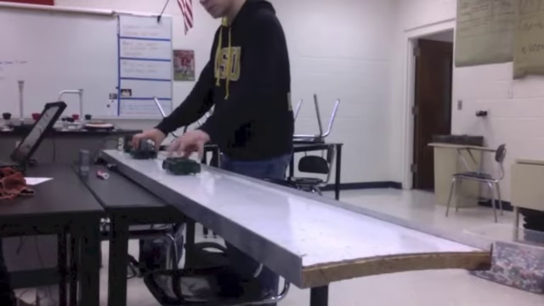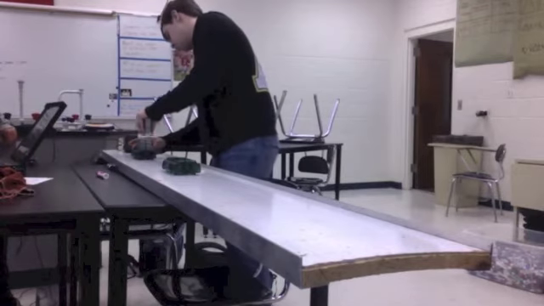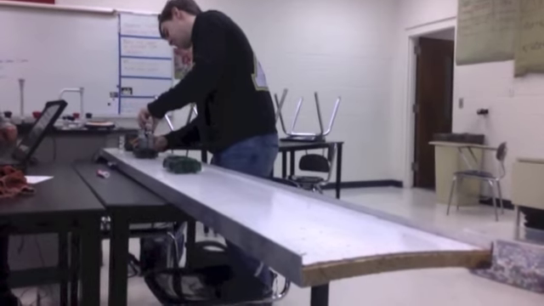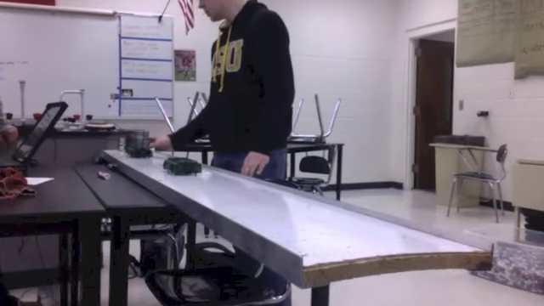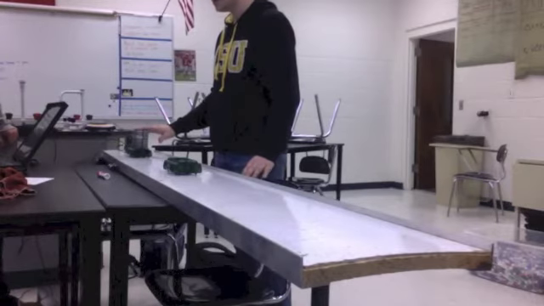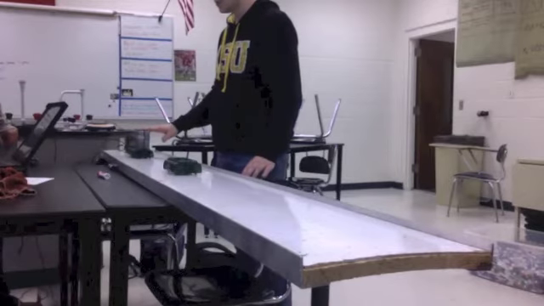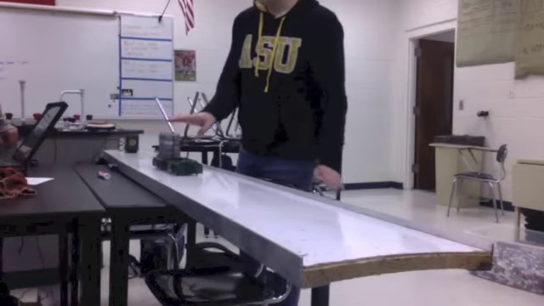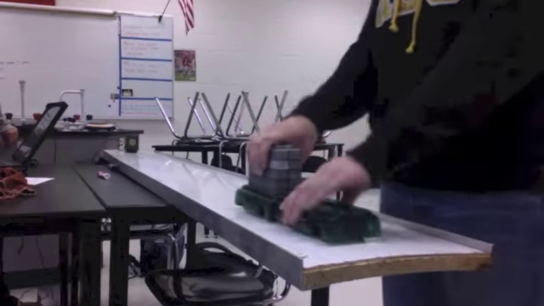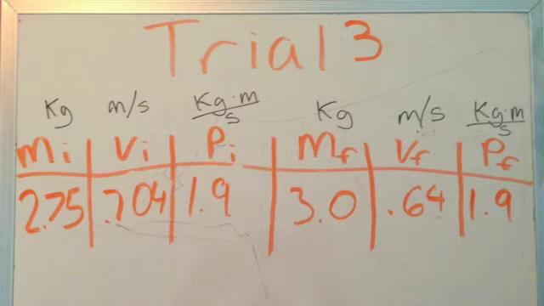We then added 5 more 0.25 kilogram weights, bringing the total mass of car 1 to 2.75 kilograms. In trial 3, we added mass to car 1 and made the total mass 2.75 kilograms.